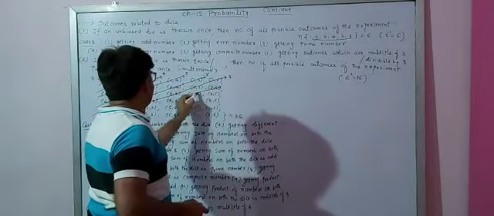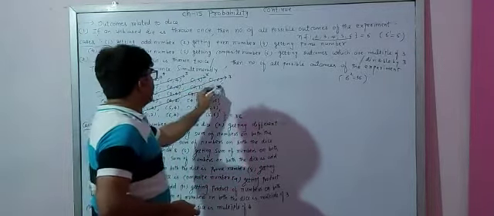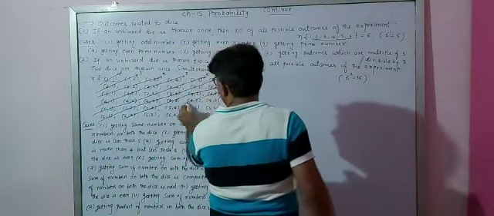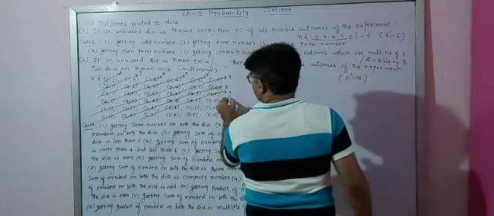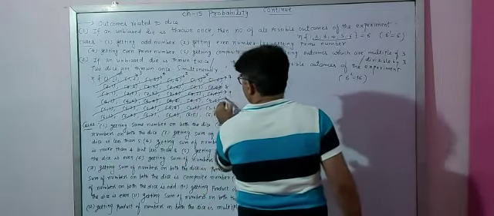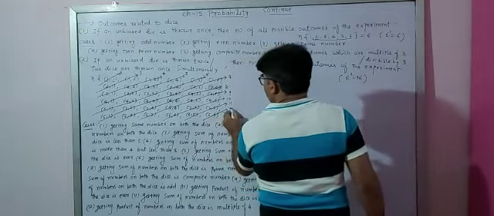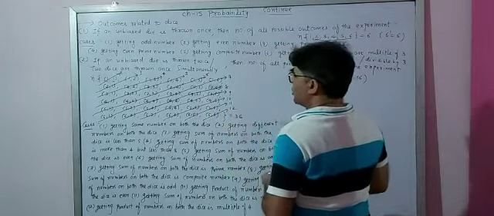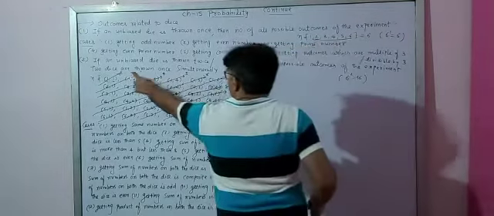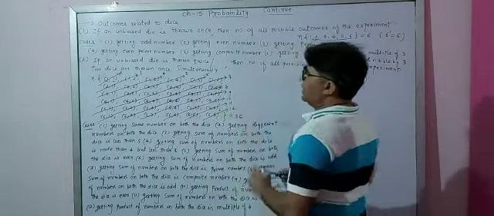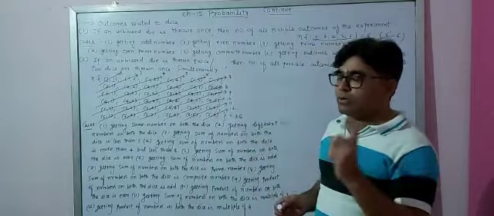And the sum is 8. The sum is 9. The sum is 10. And the sum is 11. And the sum is 12. So this number denotes the sum of the numbers on both the dice. It means the total number on both the dice.